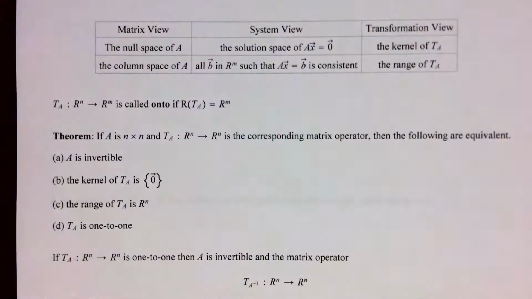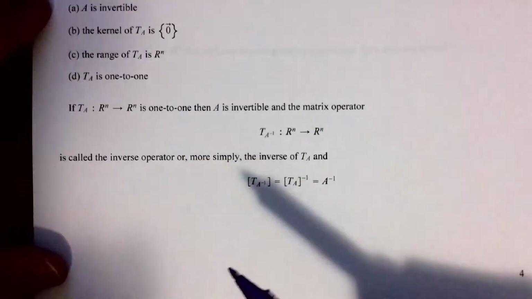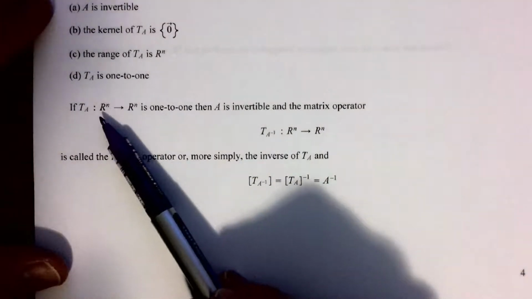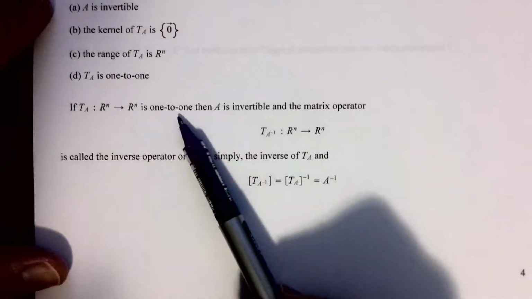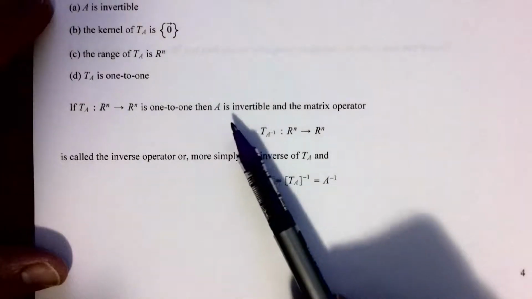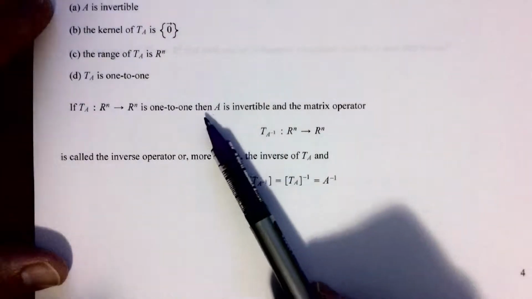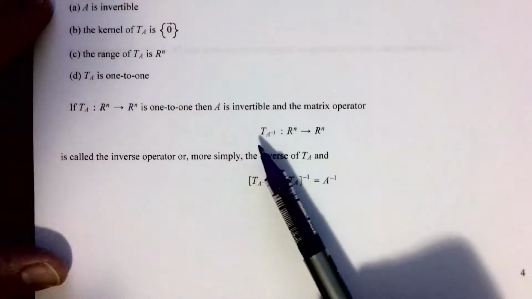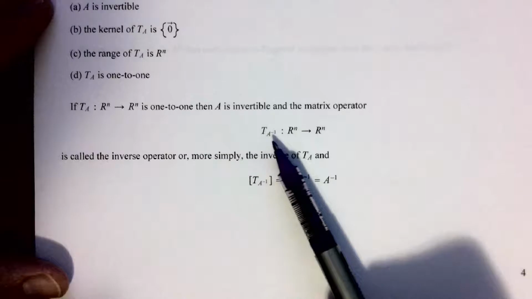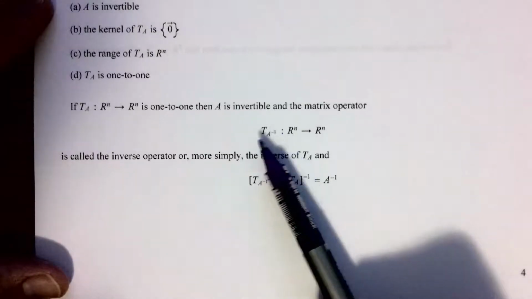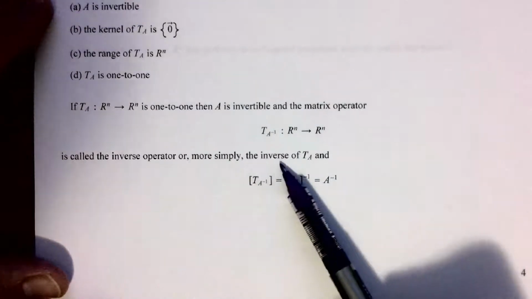Now, in closing, I want to talk about one last thing that's real simple, going back to matrix transformations themselves. If we have a matrix operator that is 1 to 1, in other words, domain and codomain are the same, then we say if the matrix A, which is the standard matrix for the transformation, is invertible, then this matrix operator, TA with a superscript -1, is called the inverse operator, or more simply, the inverse of the transformation.